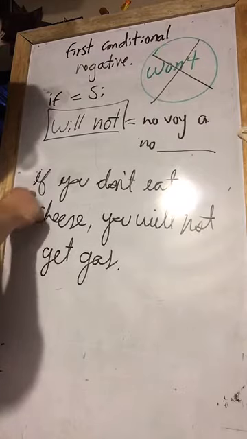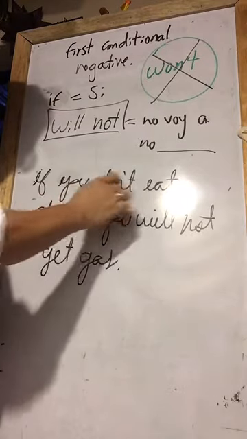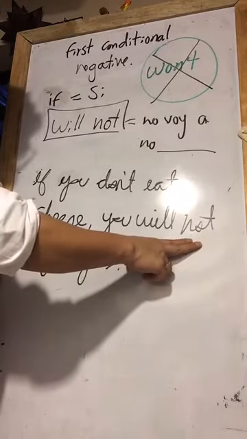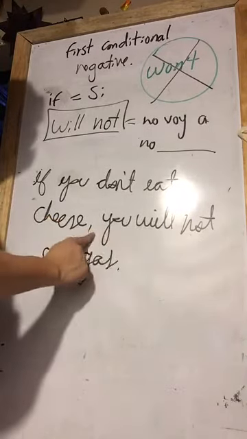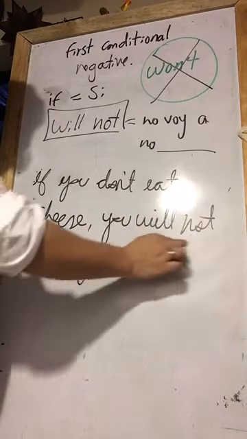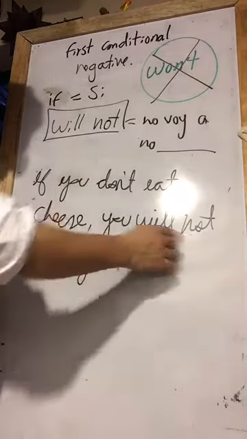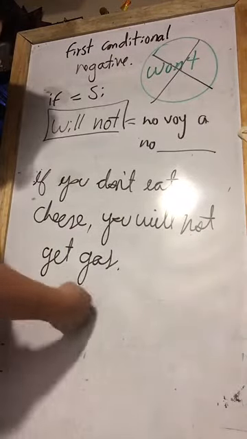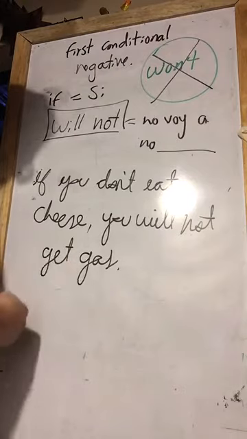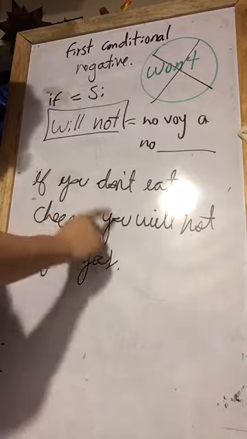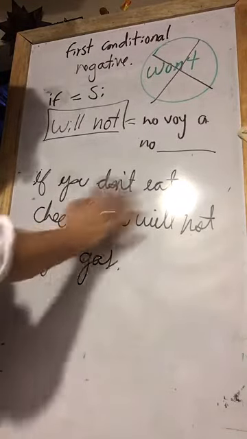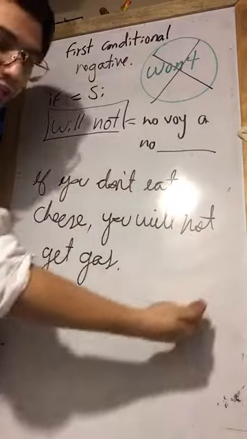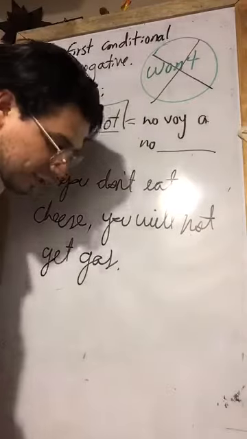Because we have "si tú no comes queso, no tendrás", or "tú no vas a tener, obtener, tú no tendrás o conseguirás gases que huelen mal." So, if you don't eat cheese, you will not get gas. As you can see, "you will not get" turns into something completely different if you change it to Spanish.